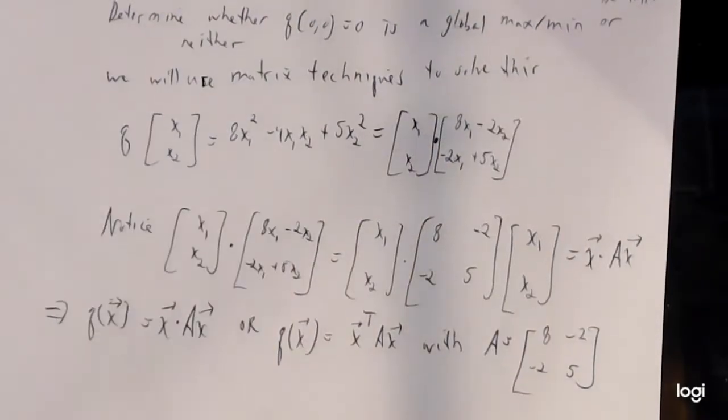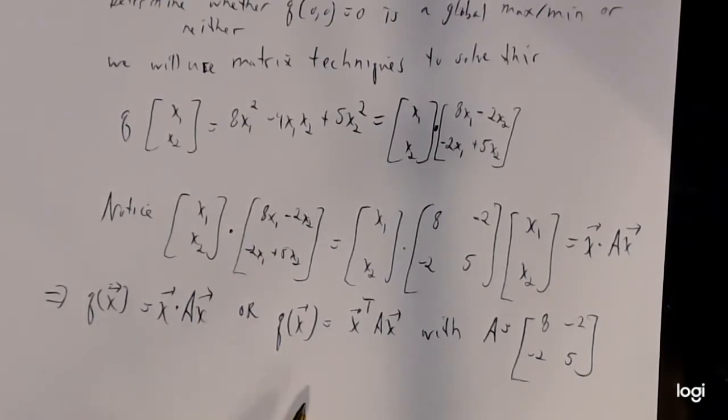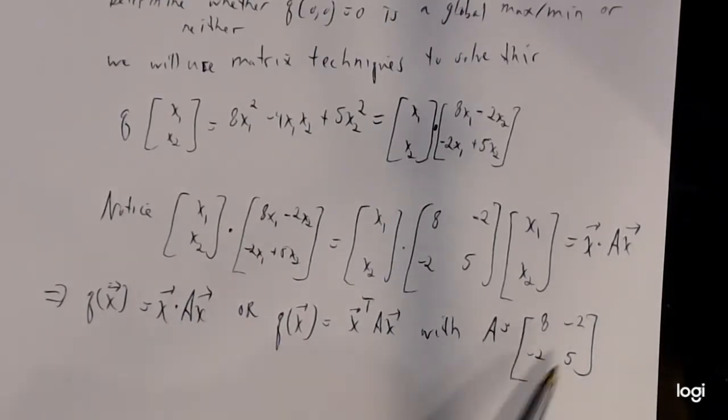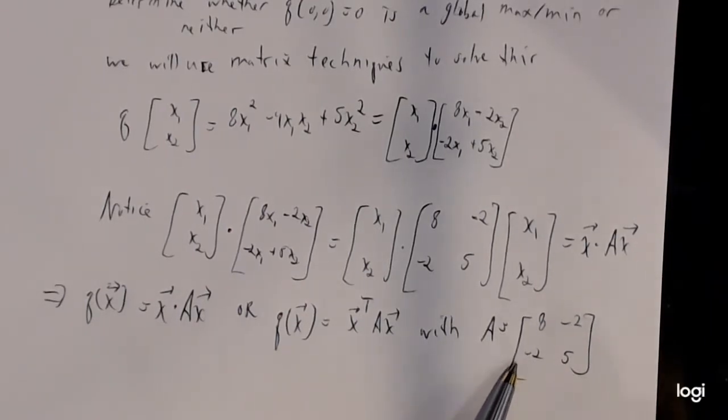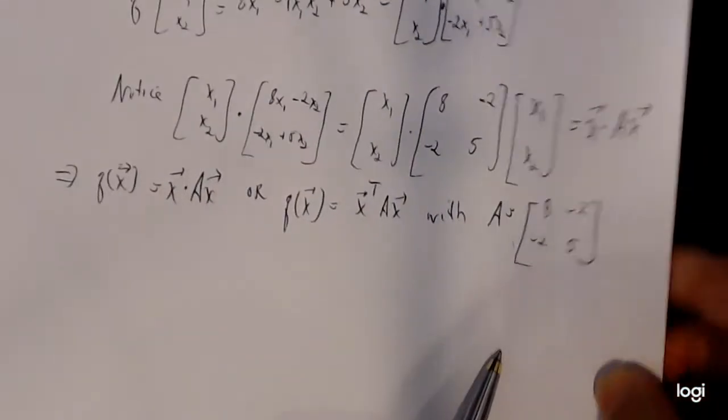And if you remember earlier, what did I say? We're going to apply the spectral theorem. What do you notice about this matrix? It's definitely symmetric. So if it's symmetric, now I could apply the spectral theorem.